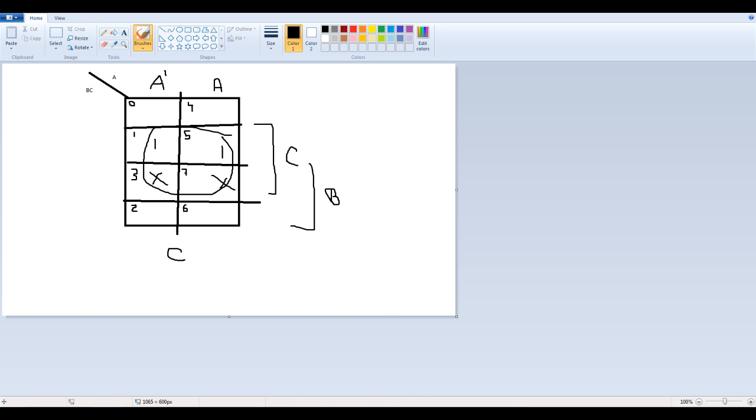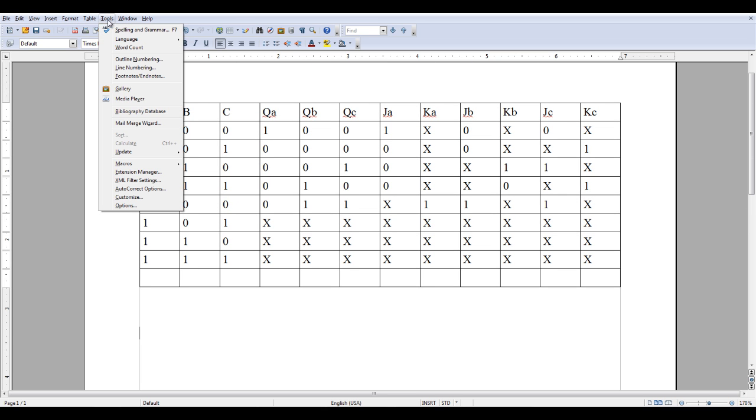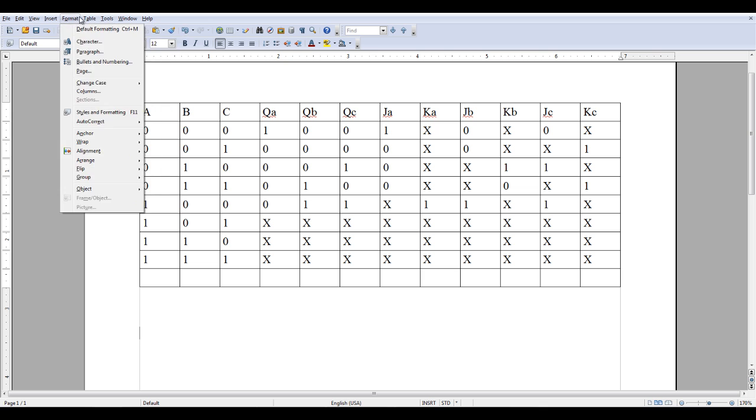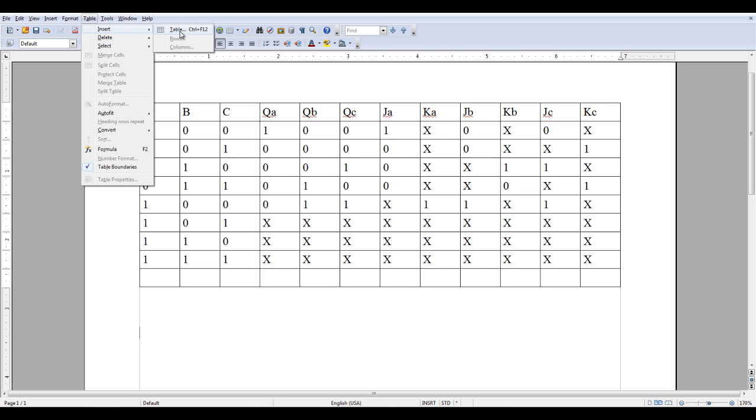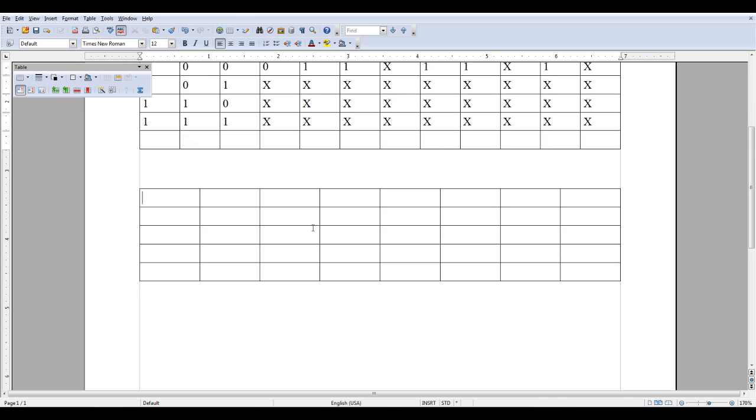Okay, so let's get back here. Let's make a huge table. We would need how many columns? We would need 8 and 5.